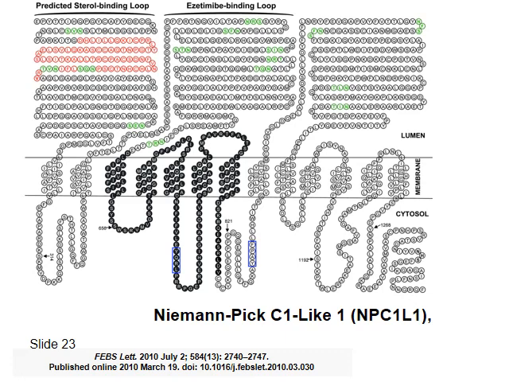In fact, here we see it spans the membrane 13 times. In the lumen portion, we have a sterol binding loop that binds to cholesterol. And in the cytosolic portion, we have many intracellular loops that allow the transition of cholesterol from the lumen into the cytosol.